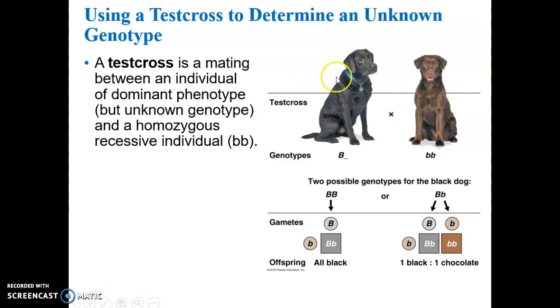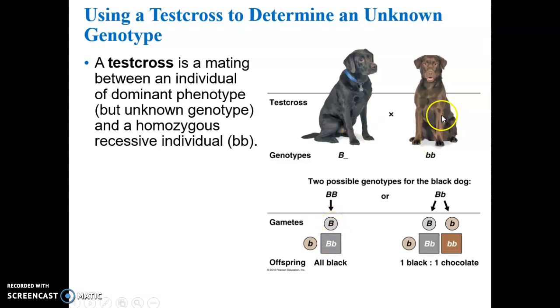So the black lab, if you don't know its genotype, well, you can do a genetic cross. You can mate these two and examine the offspring. There's two possible genotypes for the black lab. It's either capital B, homozygous dominant, which means its offspring are going to be determined by its gametes, and it can only produce a gamete with the capital B, the dominant allele.